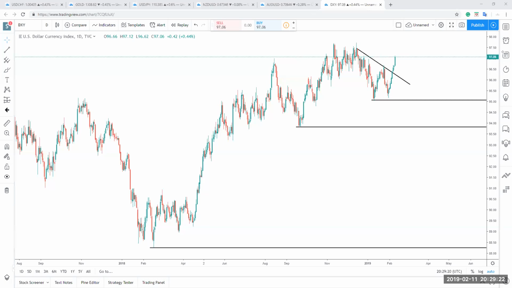So I wouldn't be surprised if, what are we looking for now? The last bullish before we go, this whole area. I wouldn't be surprised if price came back into here.